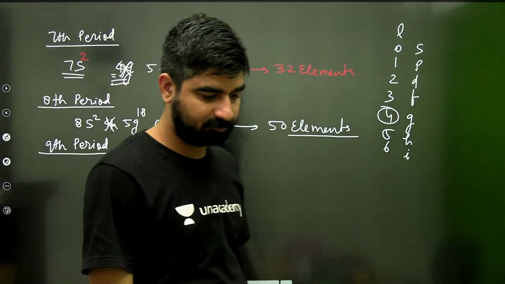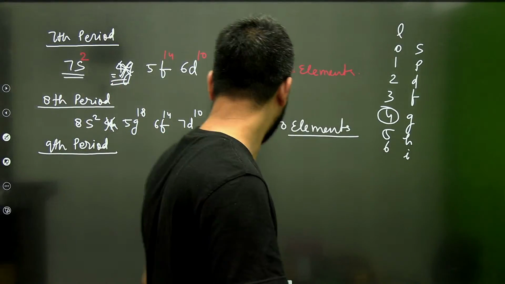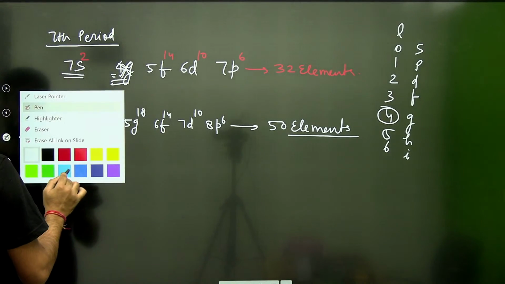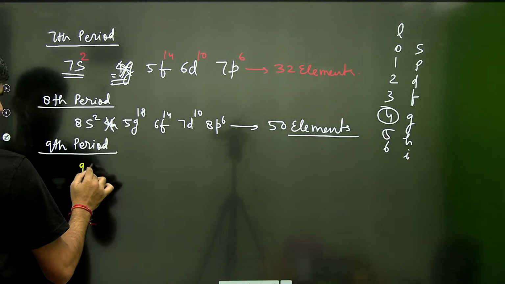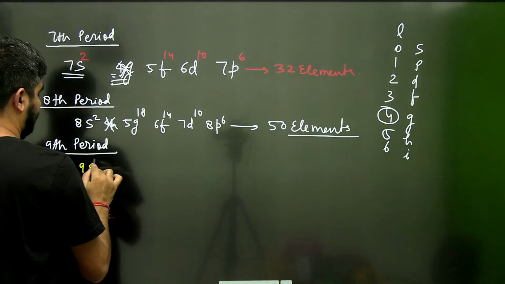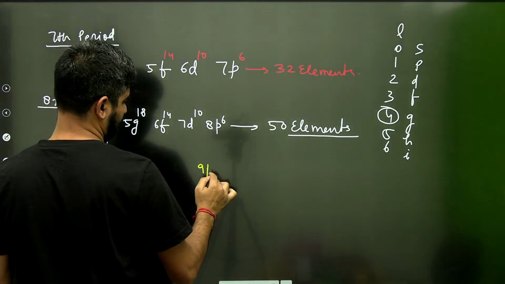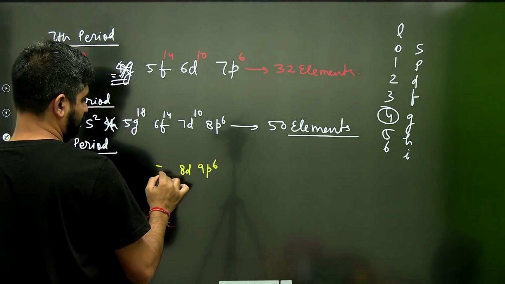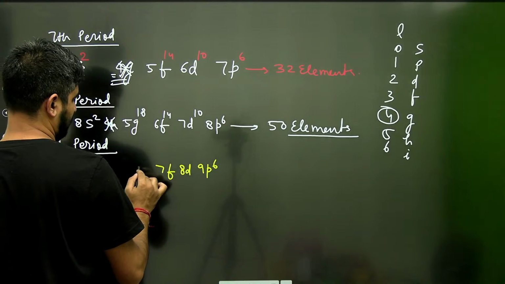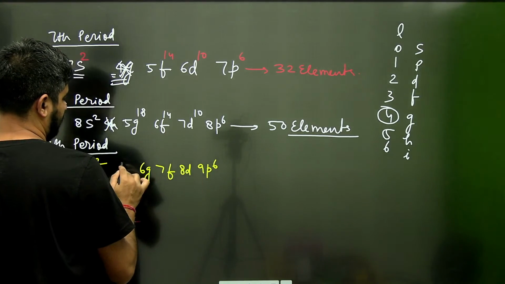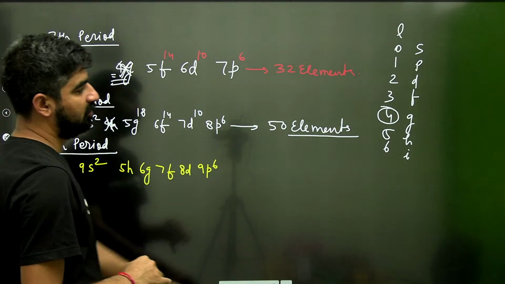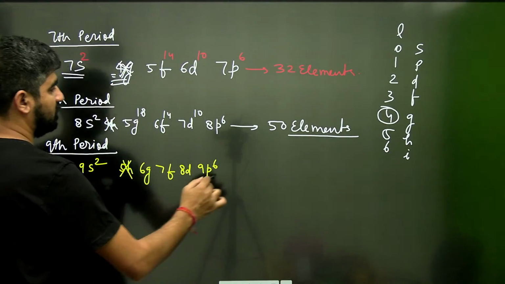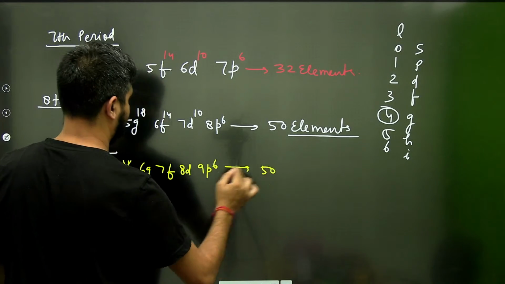Do it. So you will start with the 9s, end with the 9p. Here you will write 8d, 7f, 6g, 5h. So 5h is not possible because l is 5. So again it will be 50.